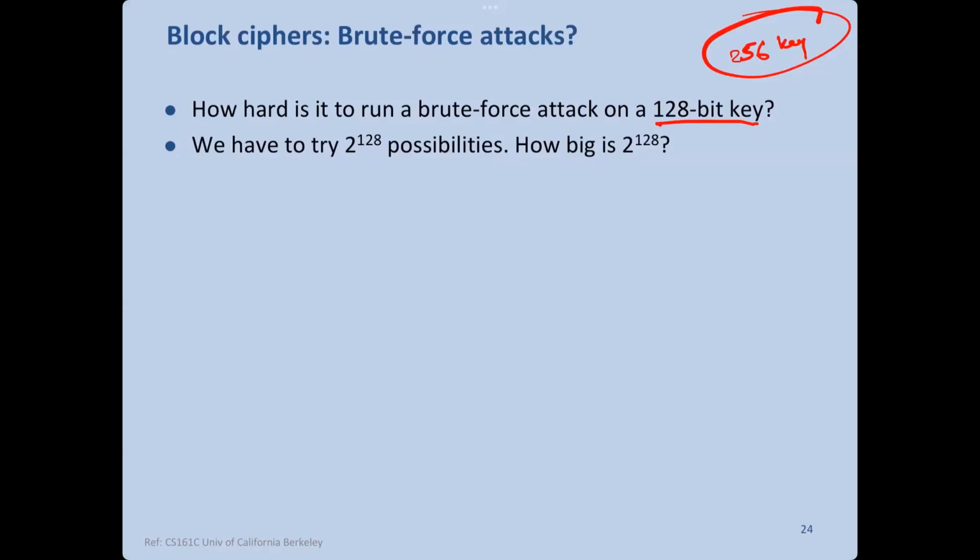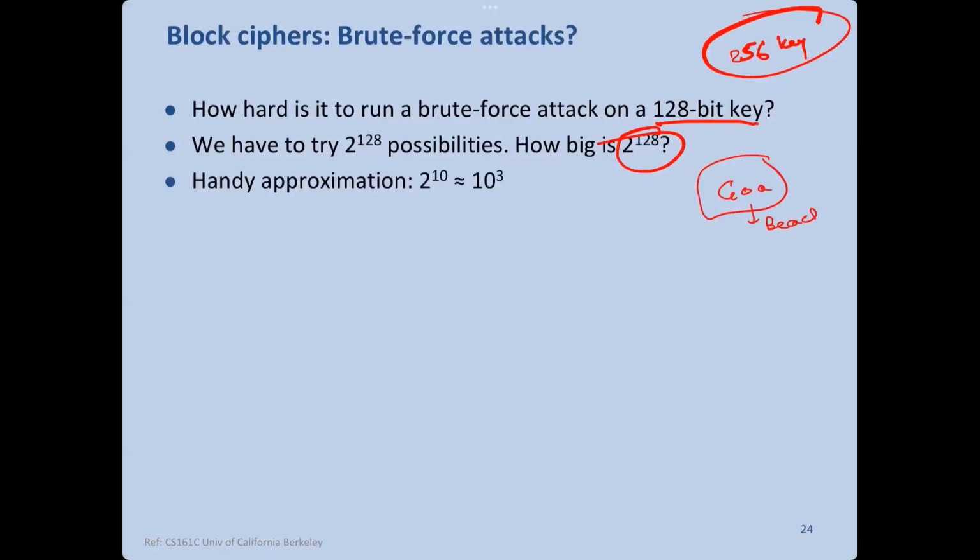For example, you go to Goa, go to the biggest beach there, and count the number of sand particles. Do you think the number of sand particles on a Goa beach will be more than 2 raised to the power 128 or less? Anyone? Less. It will be less, right? So this is very good. This is a very, very big number, right?